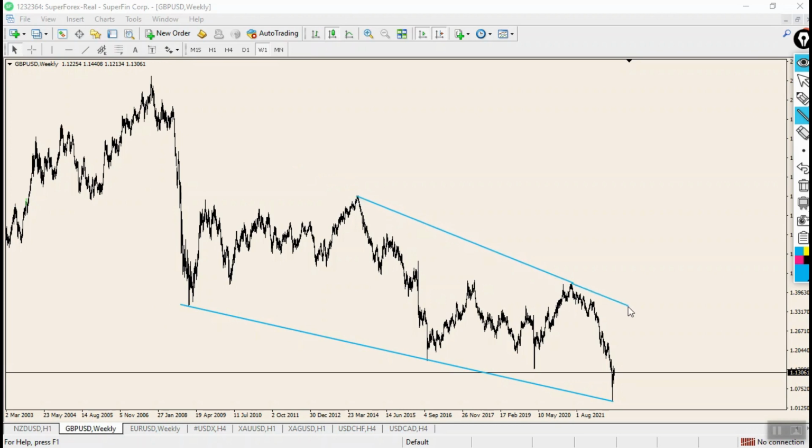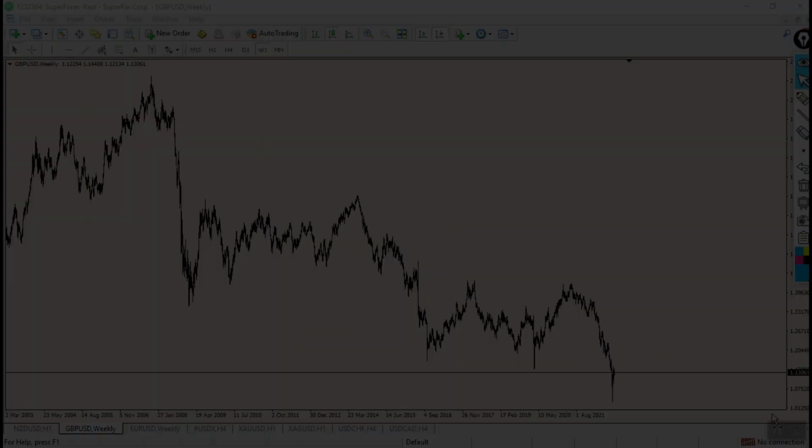It would be common sense to say we have a first touch here, a second touch here, and a third touch here, and we could be anticipating more buys. But I'll show you something very interesting on the lower time frames, which we're going to get into right now.